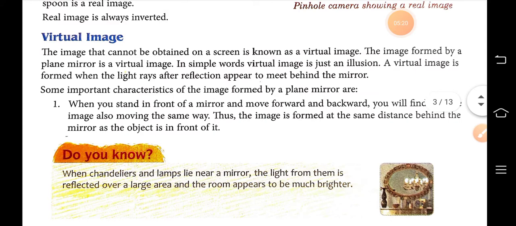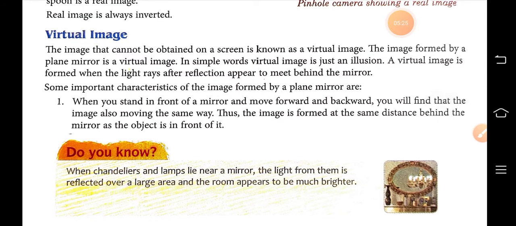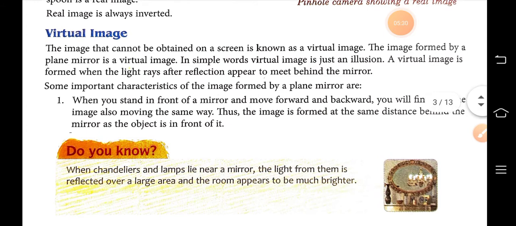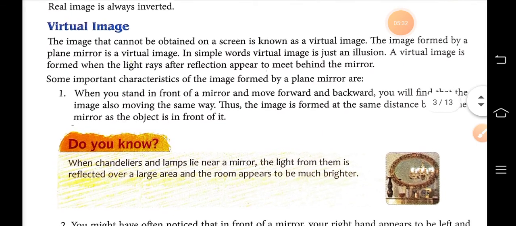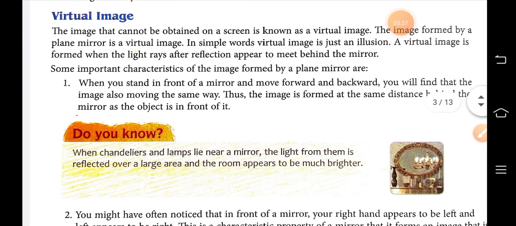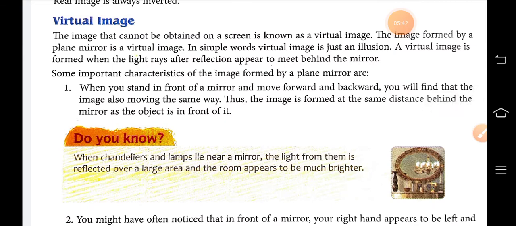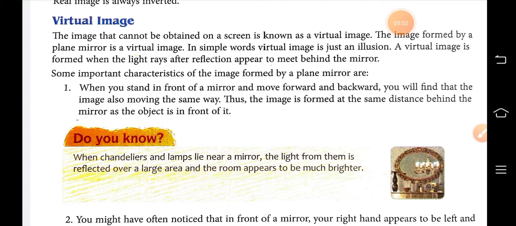Actually the image is not formed, it is not forming on the screen, but it seems that it is forming there because the light rays after reflection appear to meet behind the mirror. It seems that the light rays meet somewhere and an image is formed, but as soon as we move from there the image also vanishes.